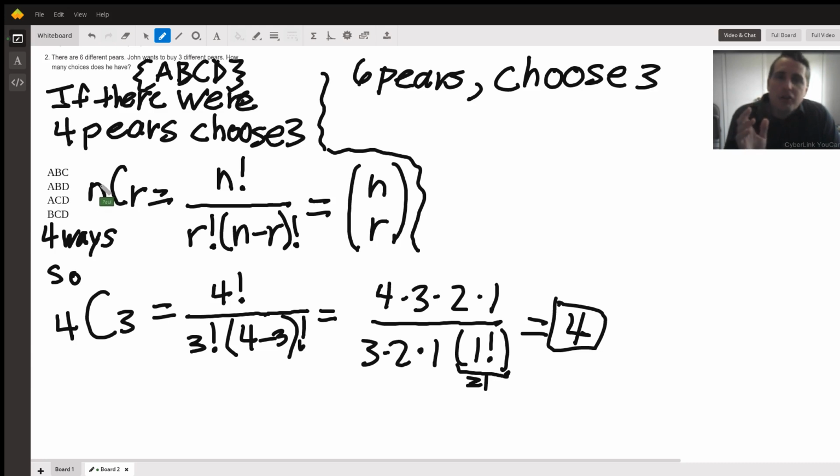So in a combination, only what matters is the data that you choose, not the order, because A, B, C would be the same thing as BAC or CAB and so on. No switching the order is going to make any difference. So the order does not matter.